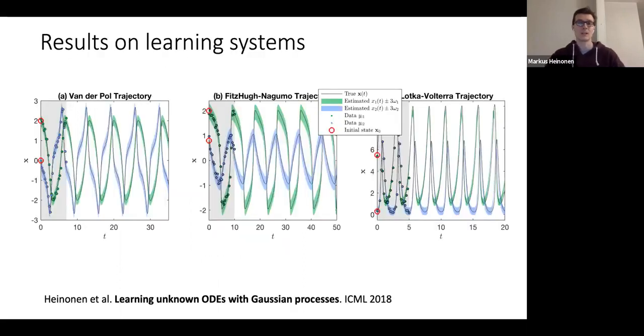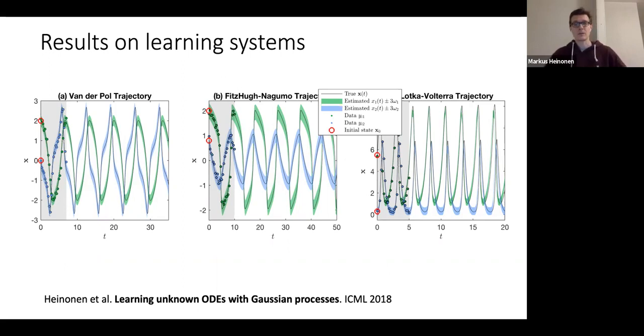And then some results on this. So we published this at ICML 2 years ago in this paper, Learning Unknown ODEs with GPs. And here we see 3 examples of these classic toy cases: van der Pol, FitzHugh-Nagumo, and Lotka-Volterra. And here the gray region shows the data region. This is training data, basically one cycle of data from these cyclical systems.